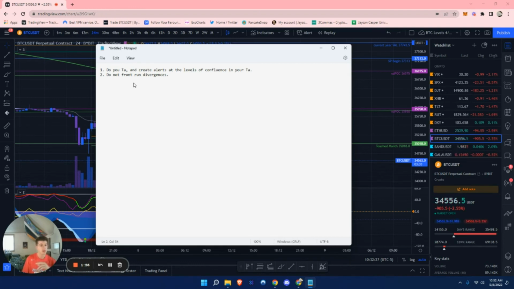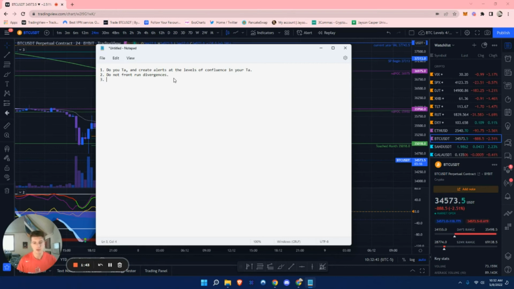There might be a green dot printing, and then it will go away as price moves. And so again, just wait for those divergences to confirm and trade based off of that. You'll have a lot more success with that.